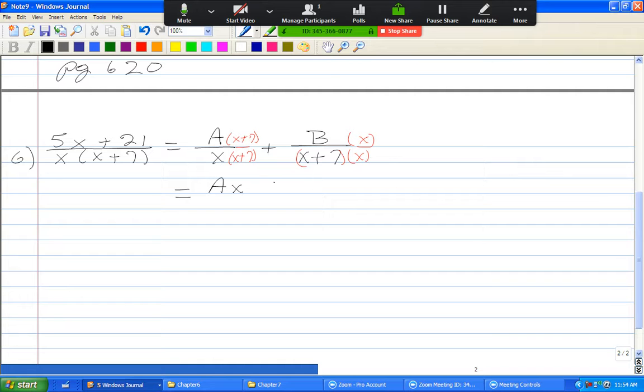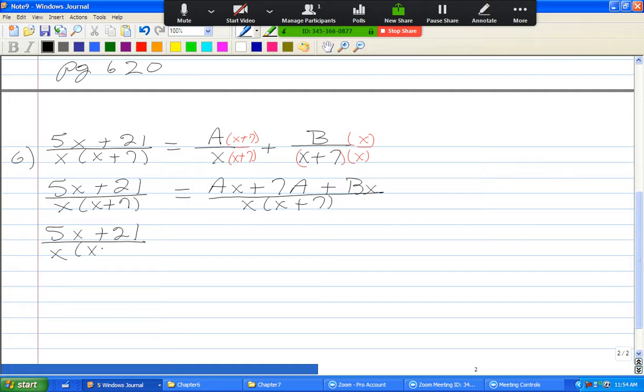So you get ax plus 7a plus bx all over x times x plus 7. And so you notice that we have just grouping all the terms involving x.